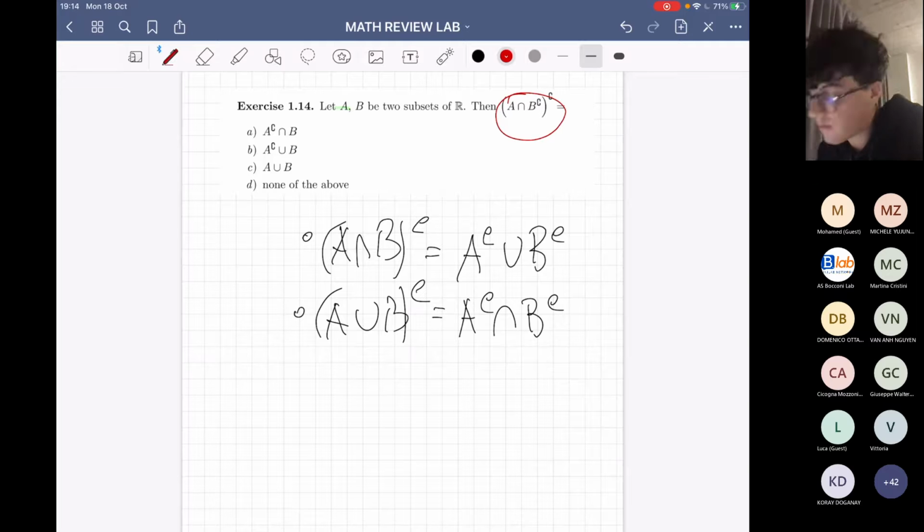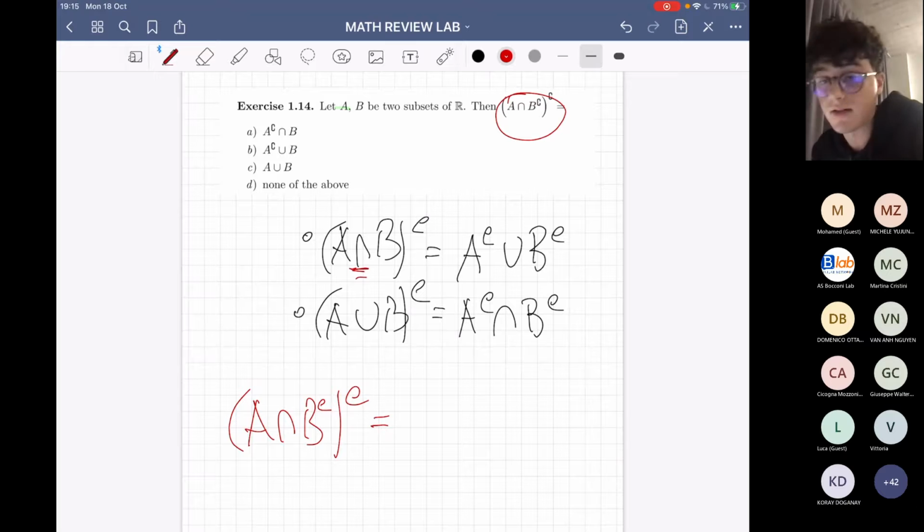So we can write that the complement of A intersection B complement is equal to, well, there is an intersection, so it's really similar to the first De Morgan's law that we have written here.